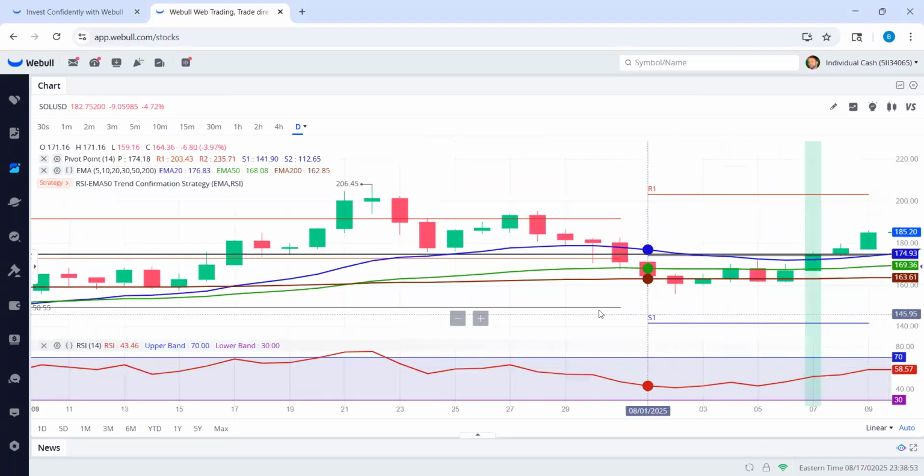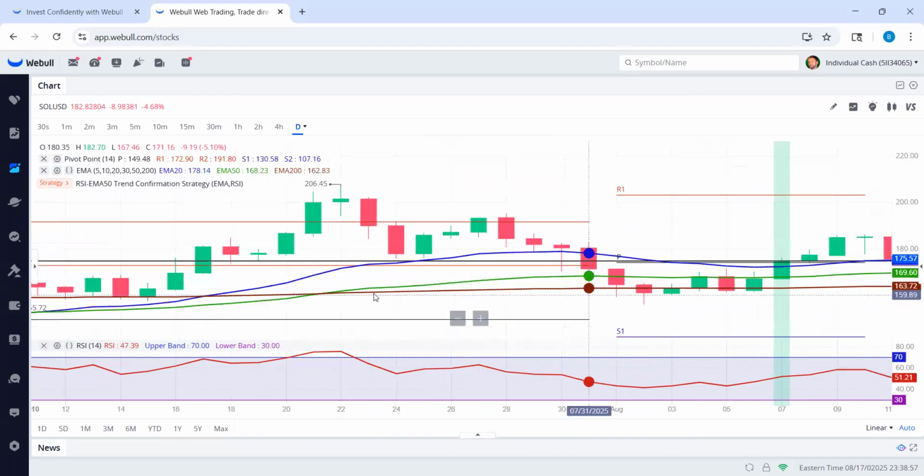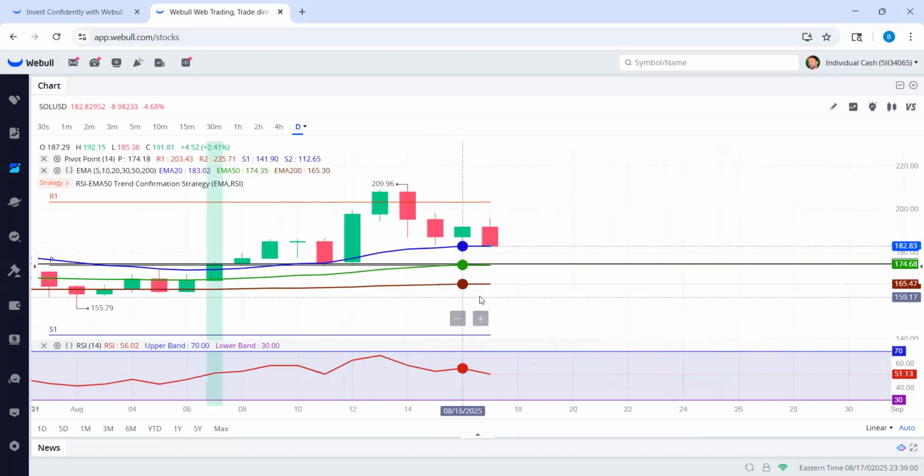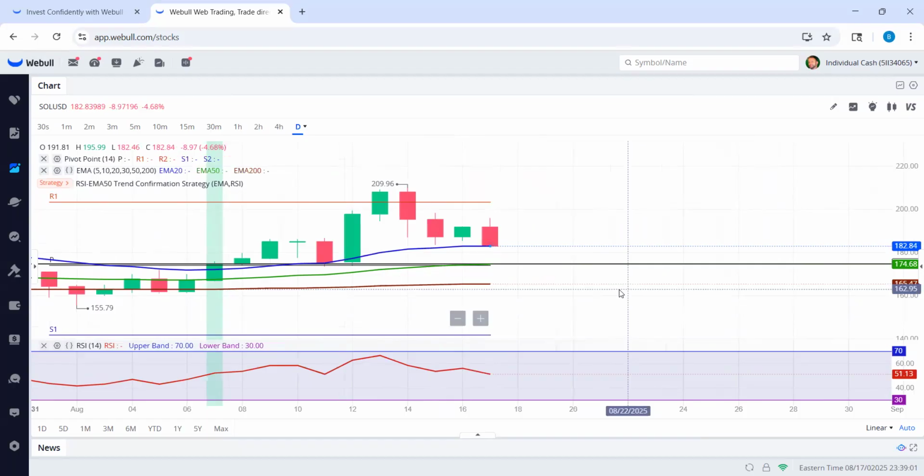You look over, it keeps hitting this pivot point area. I know that a lot of people get overly excited and they start buying right now, which, I mean, there's no problem with that, but just don't throw all your money in one basket. Don't put it all in one bank.